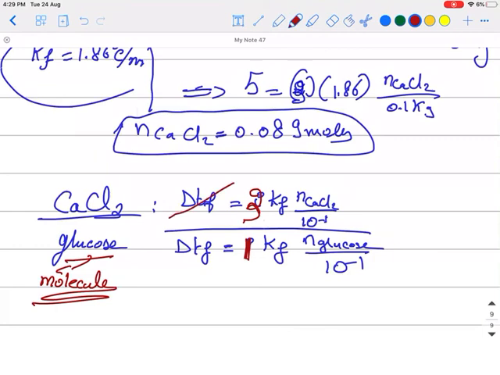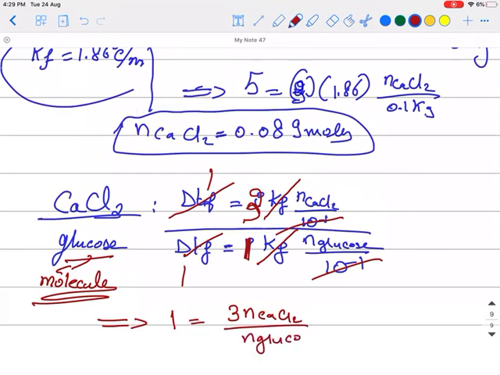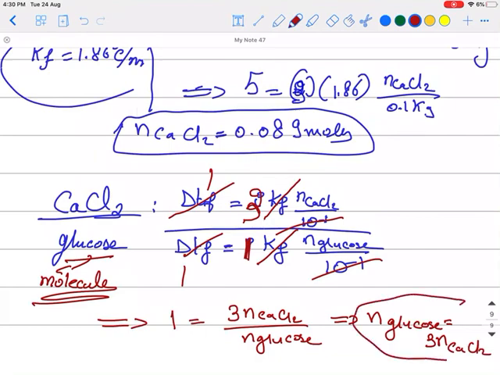Delta freezing is the same. He said equal. We wanted to find the mass of glucose at equal conditions, so delta freezing 1 equals 1. And this will be 3. Both of them have water as solvent, so it's 0.1 and 0.1. Like this, 1 equals 3 times the number of moles of calcium chloride over the number of moles of glucose, which tells me that the number of moles of glucose equals 3 times the number of moles of calcium chloride.